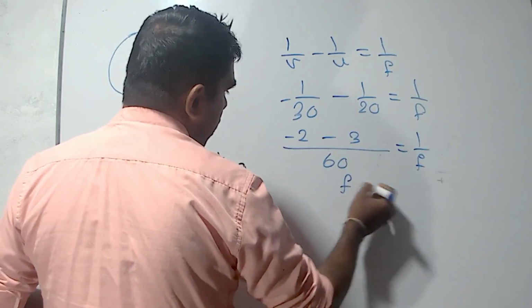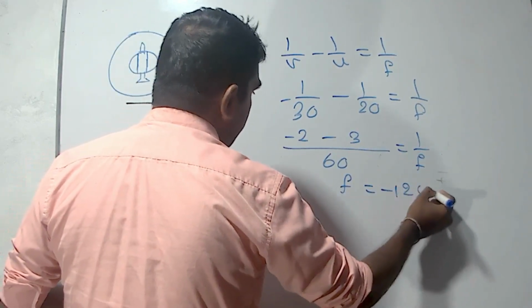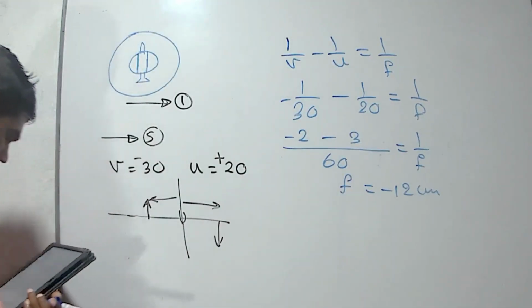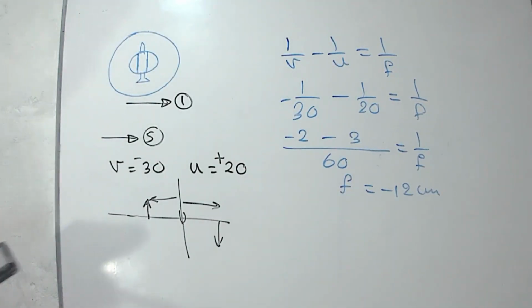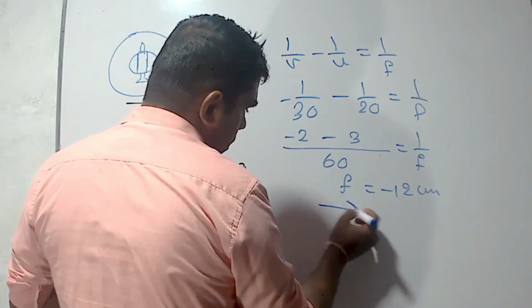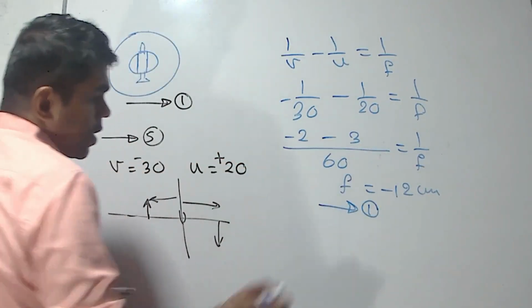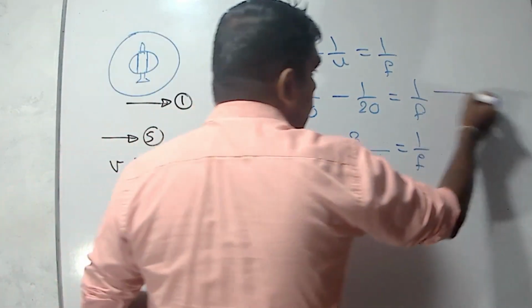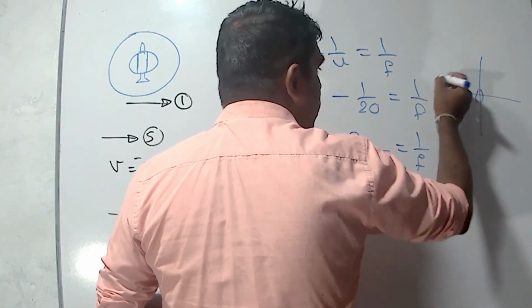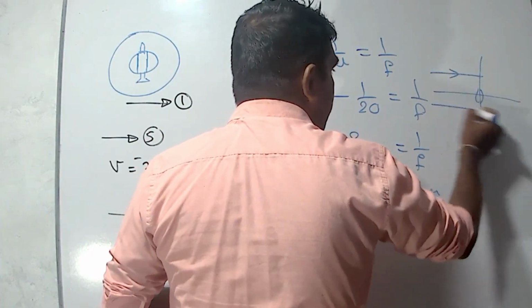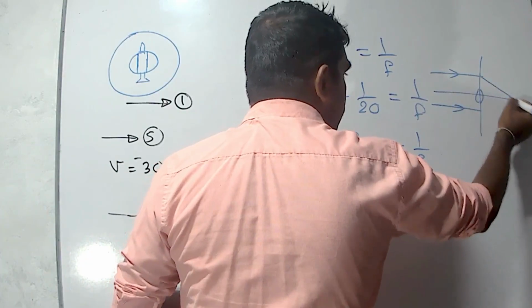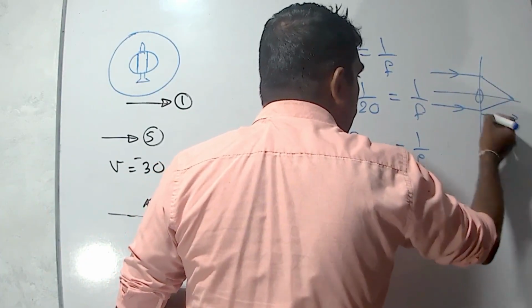Then we can obtain the F value as minus 12 centimeters. The answer should be 1. For the distant object, we can get that light rays are parallel and it should focus at the focal length of the lens.